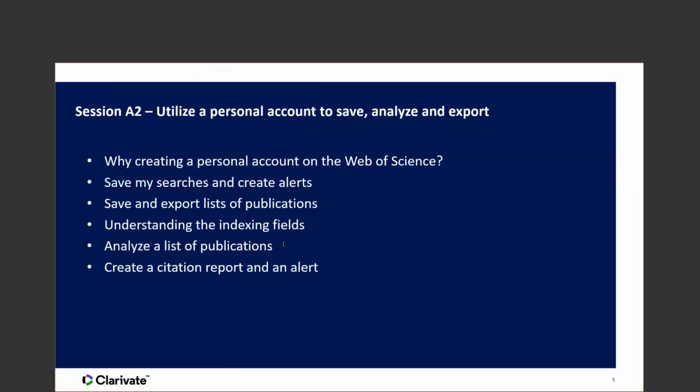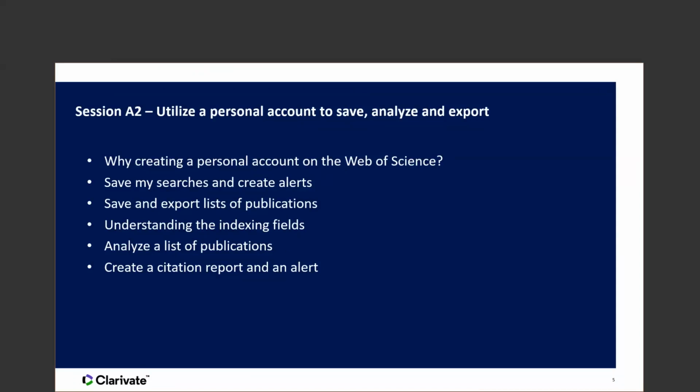Then we'll do two different things. It's about analyzing. You don't need a personal account for that, but it's something that I have also included in this session because I think it's important. Before we start analyzing a list of publications, and you will see getting more information than what we are seeing in single documents, it's really a helicopter view of what is being done, for example, in a research field.